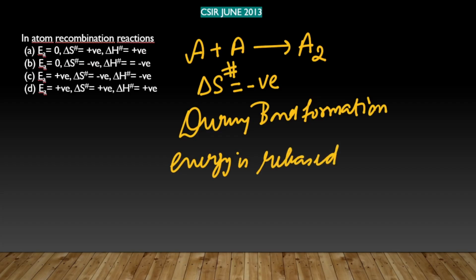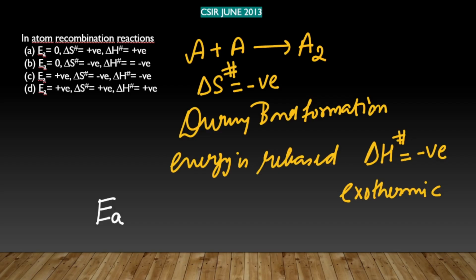For bond breaking energy is required, but during bond formation energy is released, which means the delta H for the reaction is going to be negative because the reaction is exothermic in nature. So delta S is negative, delta H is negative, and about the activation energy for atom recombination reactions, activation energy is zero always. So Ea is zero, delta S is negative, delta H is negative. Option B will be the correct answer in this.